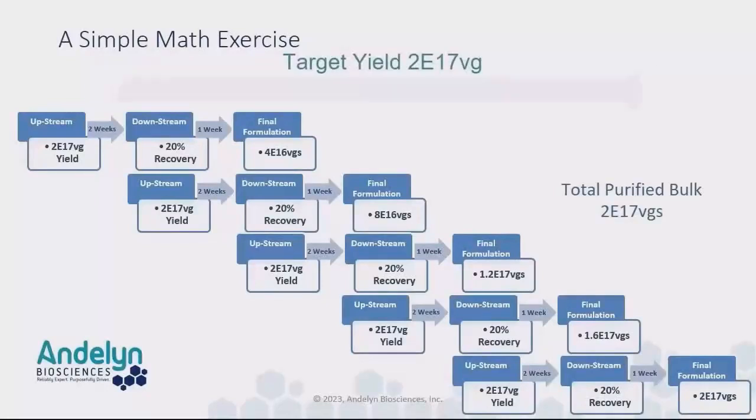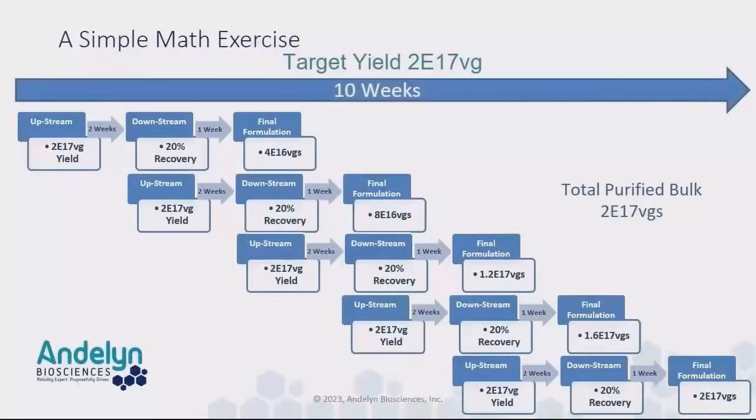And that's a 10-week process, 5 sublots, and all of the cost of goods associated.